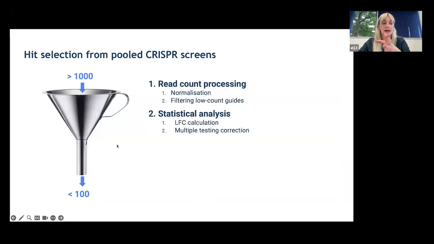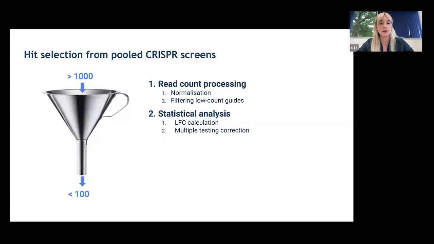But just to say, the process of this is not an easy one. You can often be needing to filter your hit list down from thousands of potential candidate genes down to less than 100. The first two steps of this process will be pretty similar for most pooled CRISPR screens.